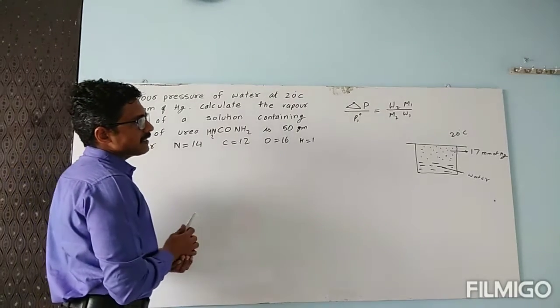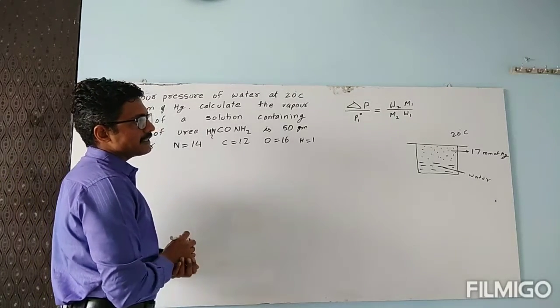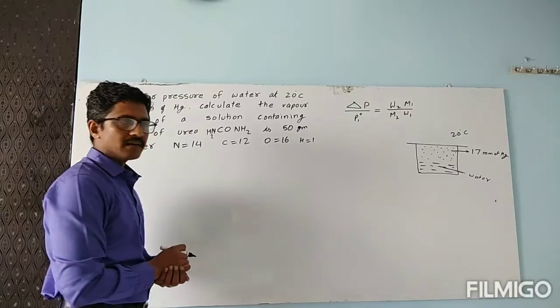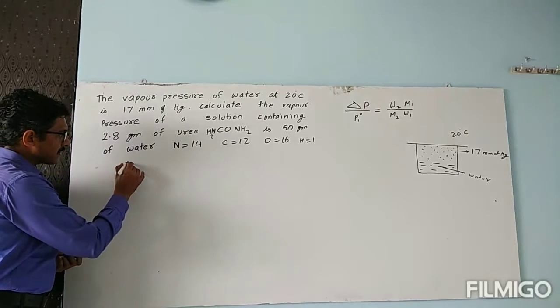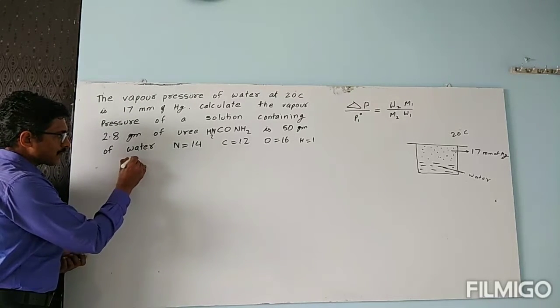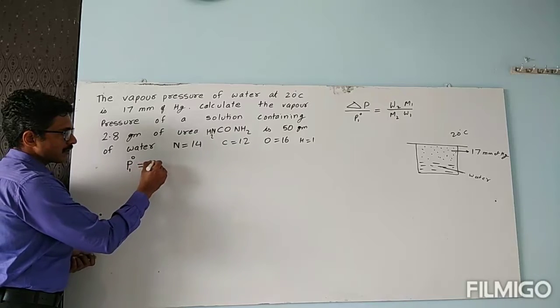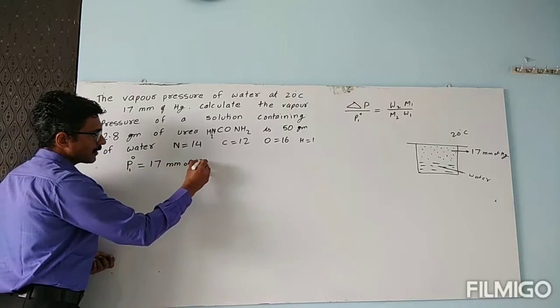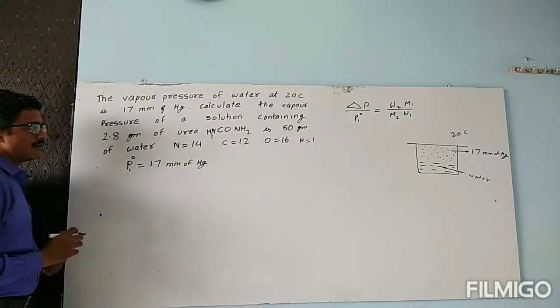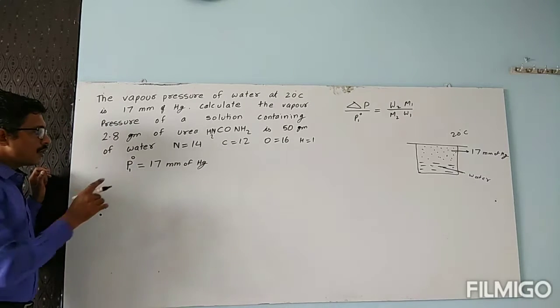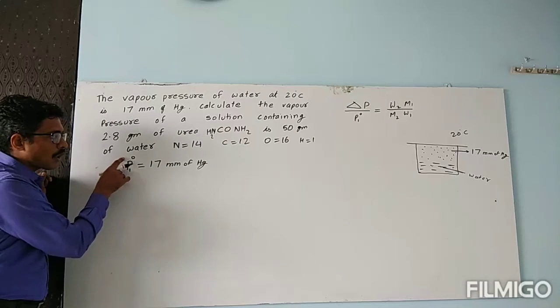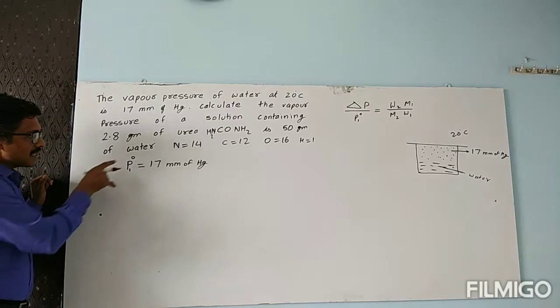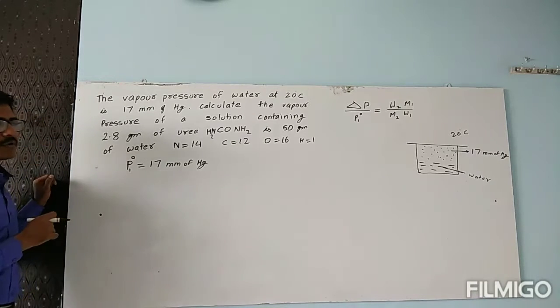Since this is the value for pure water, I can say that this is the vapor pressure of the pure solvent, 17 millimeter of mercury. This symbol indicates the pure solvent.